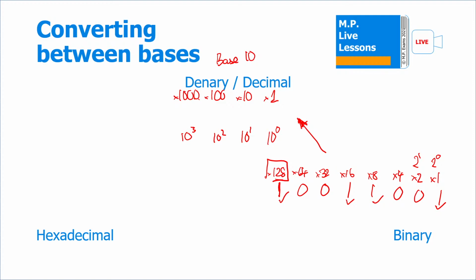So this would be 128 plus 16 plus 8 plus 1, which in the end gets you 153. Remember, you are not allowed a calculator in the computer science exam.